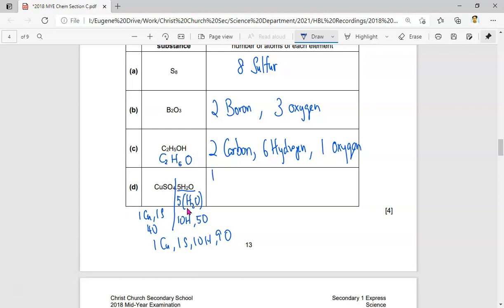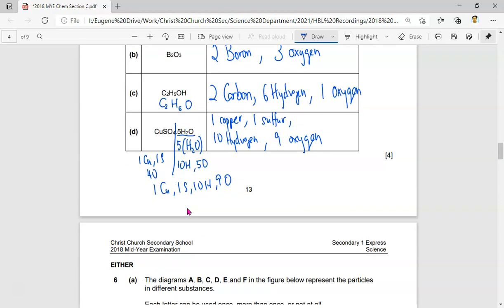Cu, if you look at the periodic table, is copper. 1 S, so 1 sulfur. 10 H, so 10 hydrogen. And lastly, 9 O, so 9 oxygen. So this is how you do question 5.